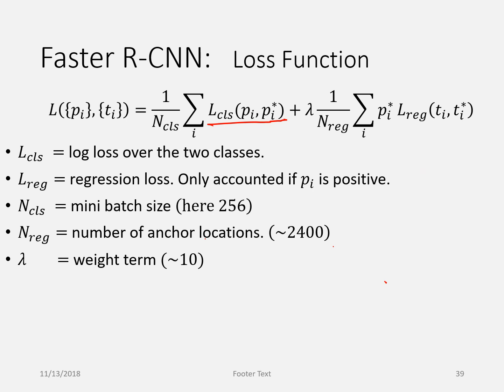Another major thing is that both losses are normalized: the classification loss by the mini-batch size, which is 256 in this paper, and the regression loss by the number of anchor locations, which is roughly 24,000 in this paper. Also, a weight term, which is around 10, is introduced in the regression loss. We will discuss this weight term further.